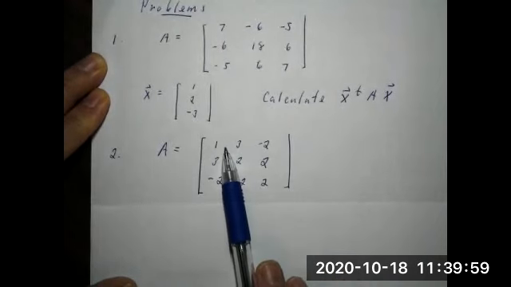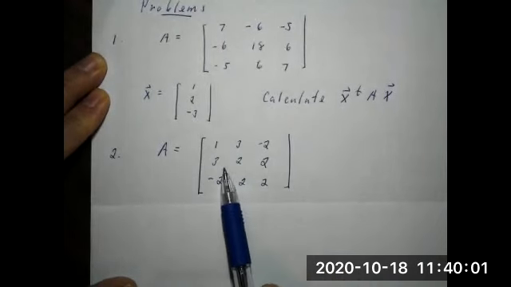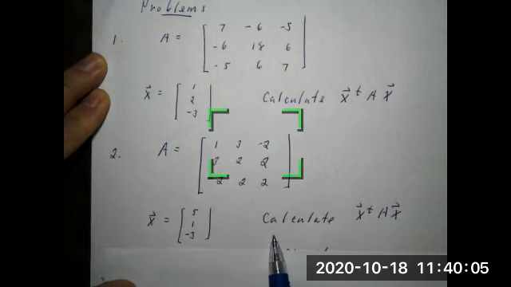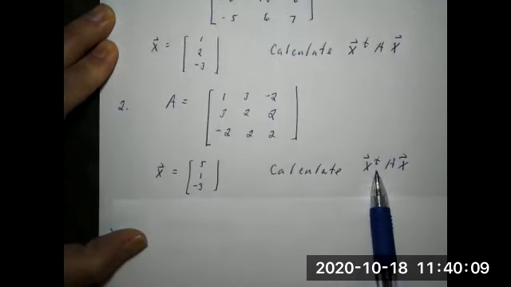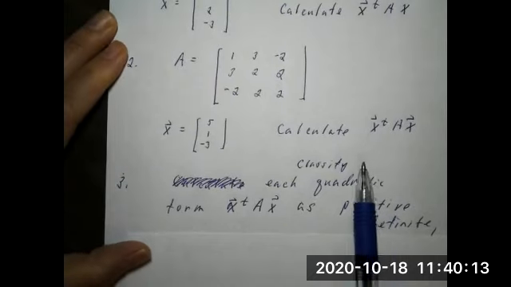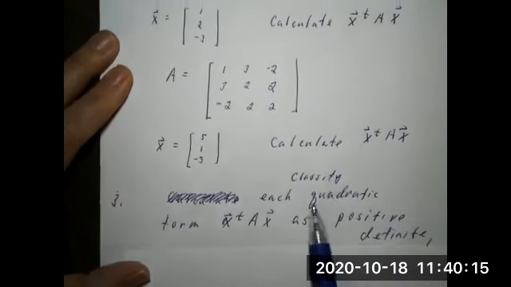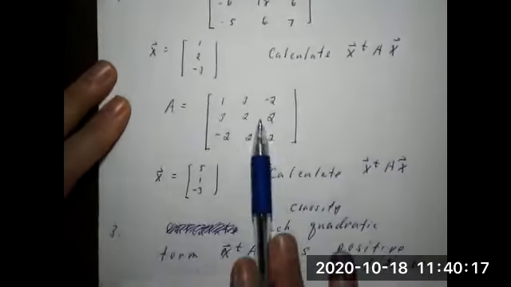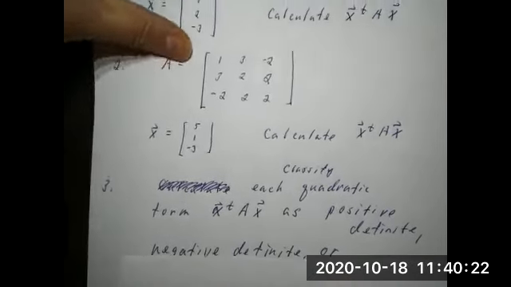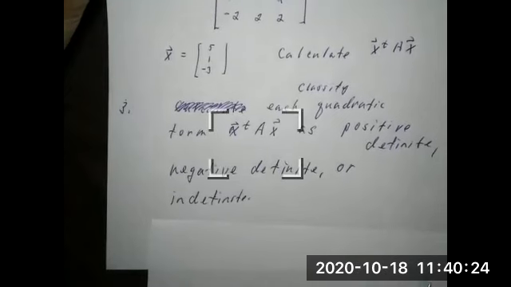Now let's suppose A is the matrix 1, 3, -2, 3, 2, 2, -2, 2, 2, and X is the vector 5, 1, -3. Calculate X transpose AX. And then classify each of the quadratic forms X transpose AX using this A and using this A. Classify each of them as positive definite, negative definite, or indefinite.